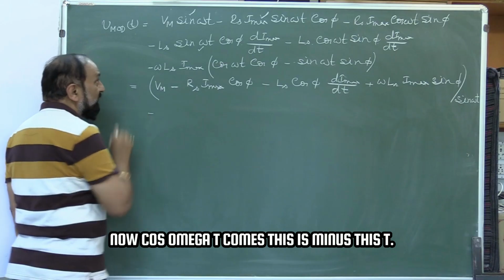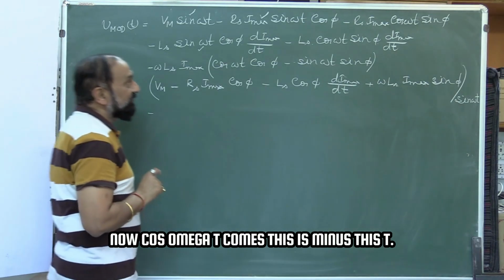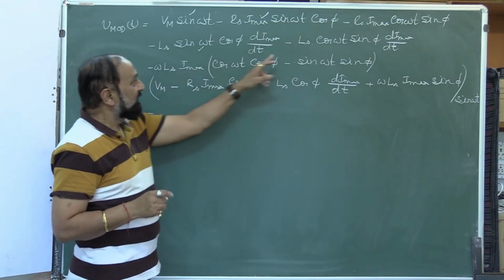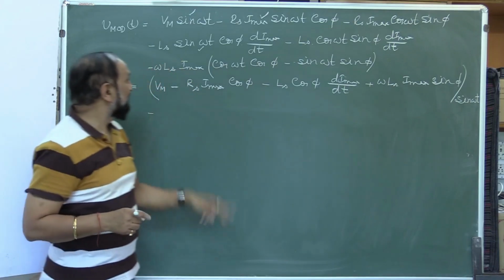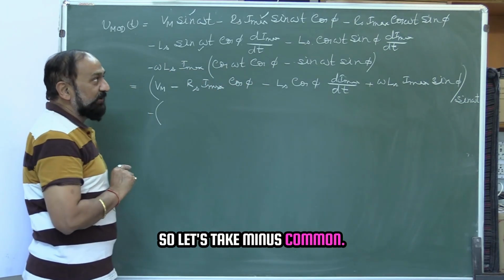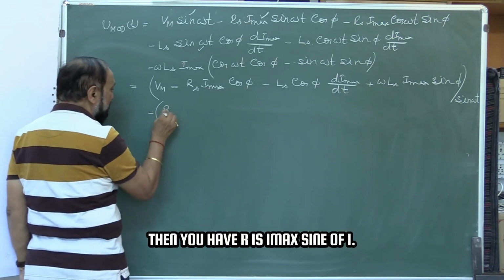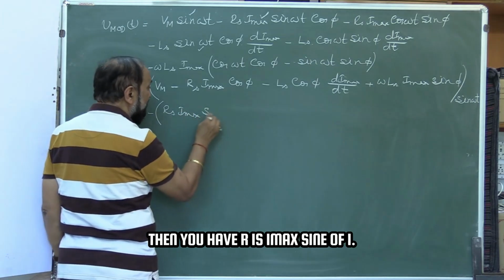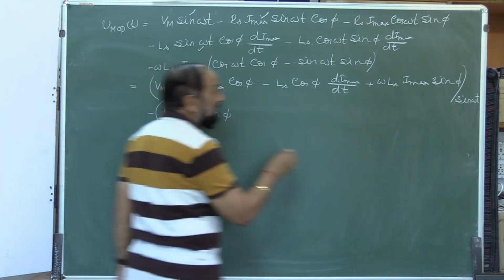Now cos omega t terms, this is minus this thing. This is minus this thing. This is also minus this thing. So let's take minus common. Then you have Rs I max sine of phi.